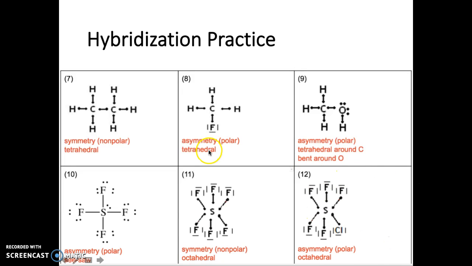Let's look at this set and see if you can do it yourself. For number 7, you'll need to make sure that you are hybridizing each of the carbon atoms, so you're finding hybrid orbitals for each of the carbons. So I'll give you about 2 minutes to work through each of these, okay? Or 3 minutes.